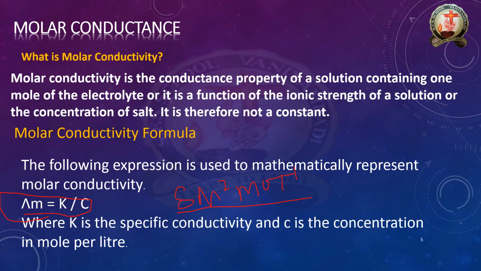Molar conductivity is defined as the conducting power of all the ions produced by dissolving 1 mole of an electrolyte in a solution. This is the important phrase. It is denoted as lambda. The solution contains 1 gram mole of the electrolyte, therefore the measured conductance is called molar conductivity.